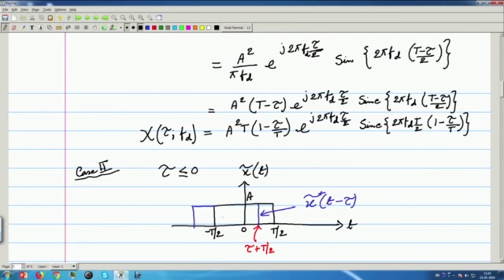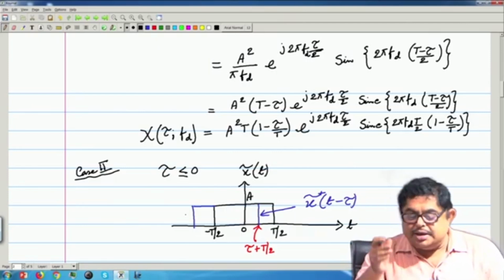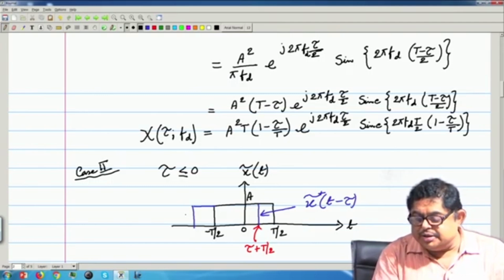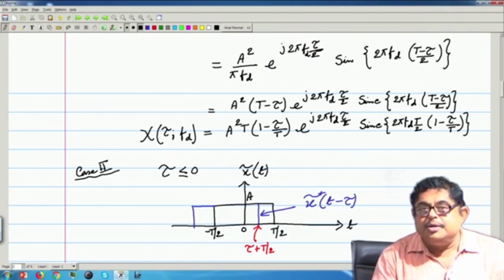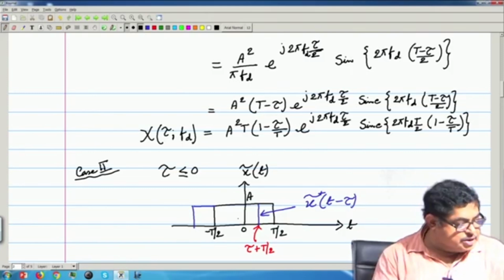So now our integral will have some non-zero values from minus t by 2 to tau plus t by 2. If tau is more negative than minus t, then this blue pulse will be such that its forward edge will just fall here. After that there will not be any overlap, and the correlation function will be 0.